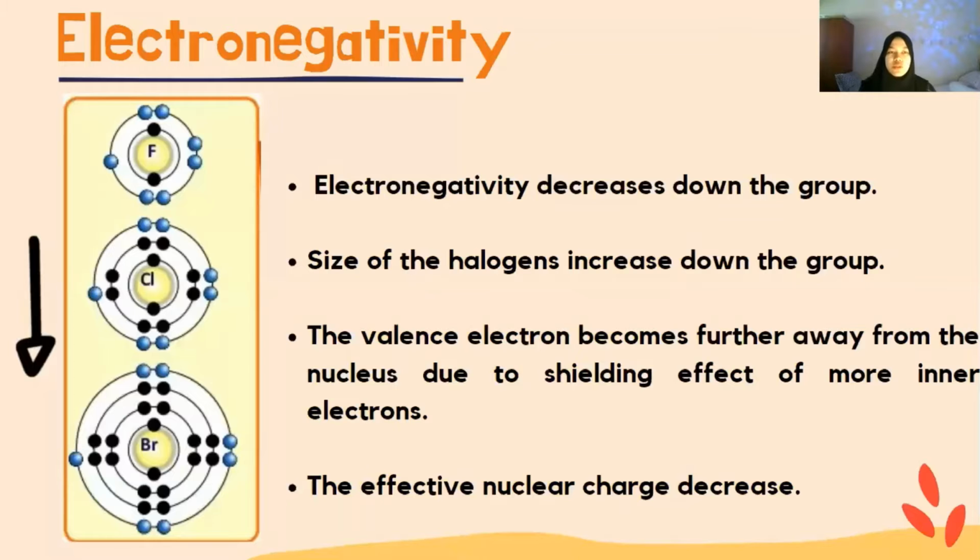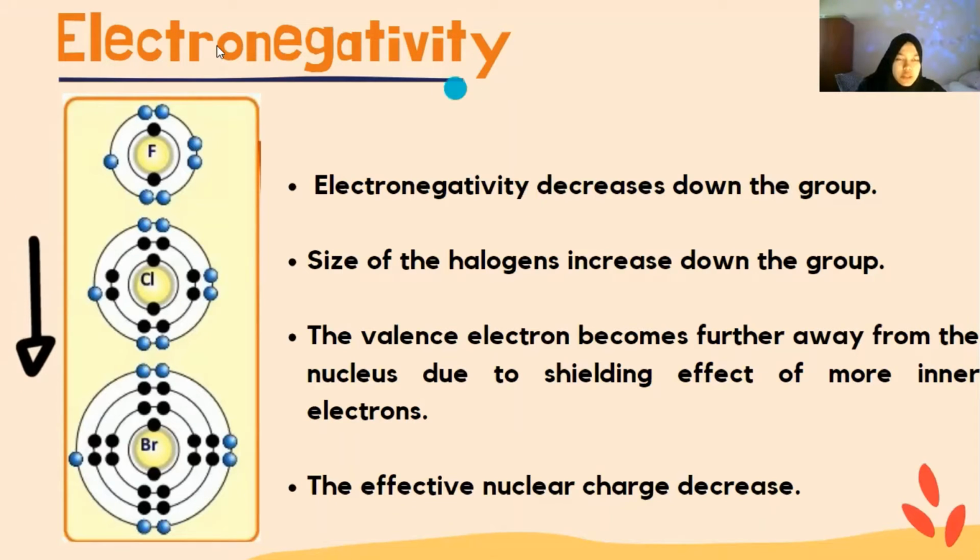Next is the electronegativity. Electronegativity is the tendency of an atom to accept electrons when forming a bond with other atoms. In group 17, the electronegativity decreases down the group. This is because as you go down the group, the size of the halogen increases.